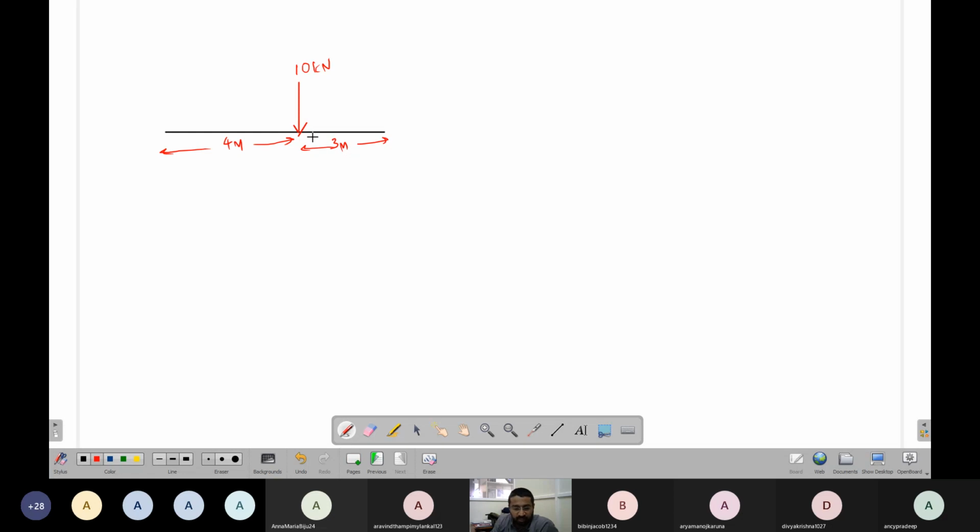So this is, let's say, A, B. I would say replace this force by a force and couple at A, and at B. So replace this by some force and couple at A and B.